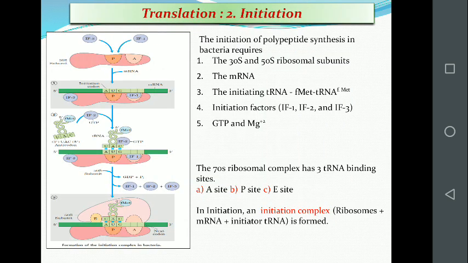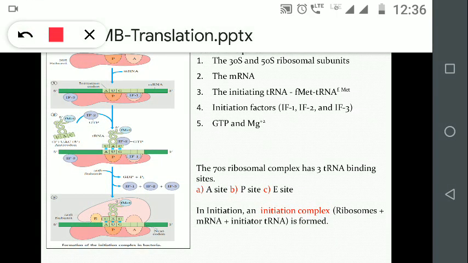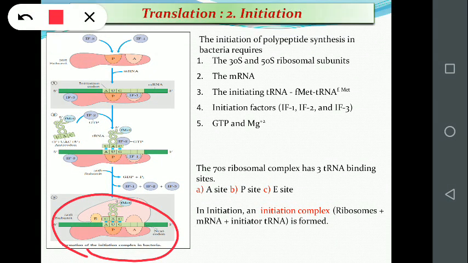During the initiation process, an initiation complex is formed, which is the outcome of initiation of protein synthesis. The initiation complex contains the ribosome, mRNA, the initiator tRNA, that is formyl methionine tRNA, initiation factors IF1, 2, 3, and GTP and magnesium.